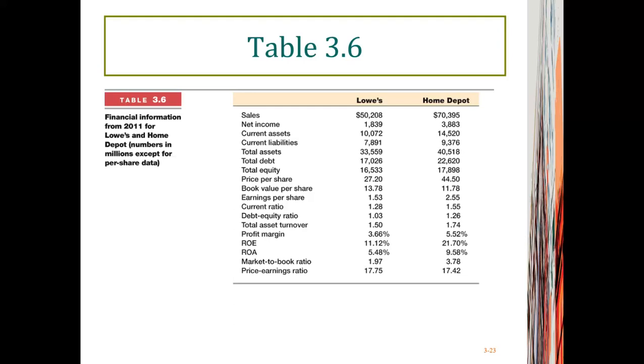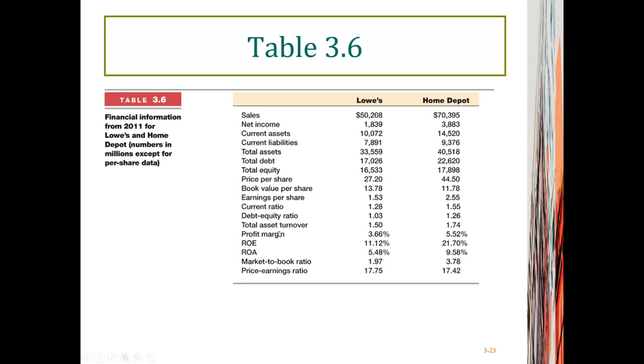Those ratios help us compare the two companies. For example, current ratio is 1.28 for Lowe's and 1.55 for Home Depot. So we would say Home Depot has better liquidity than Lowe's.